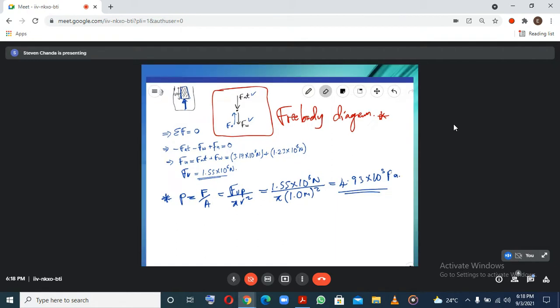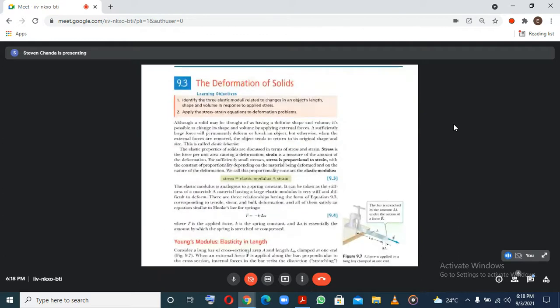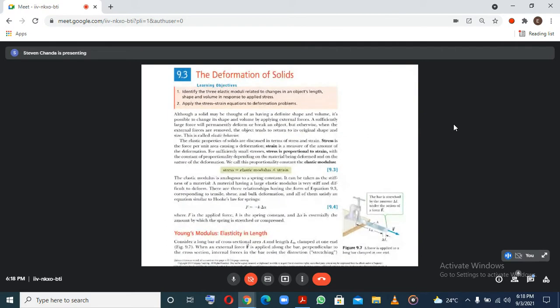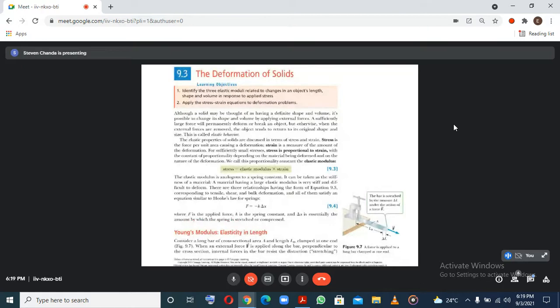So now we can begin to talk about the deformation of what? Of solids. So in our introductory session last week, we talked about the states of matter and how solids tend to have a definite shape and a definite volume.